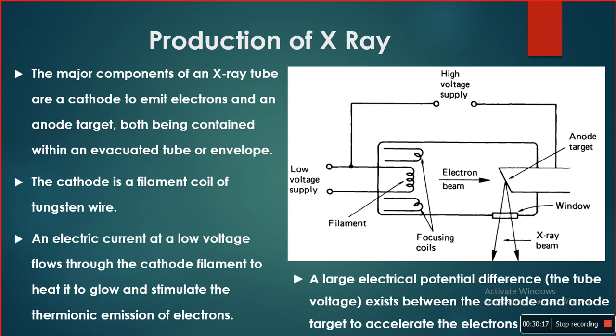The heat energy generated at that place can be radially dissipated by conduction through the copper. So as tungsten is embedded in copper, this embedded copper and tungsten is provided with a water or oil cooled system for proper dissipation of heat to the surroundings.